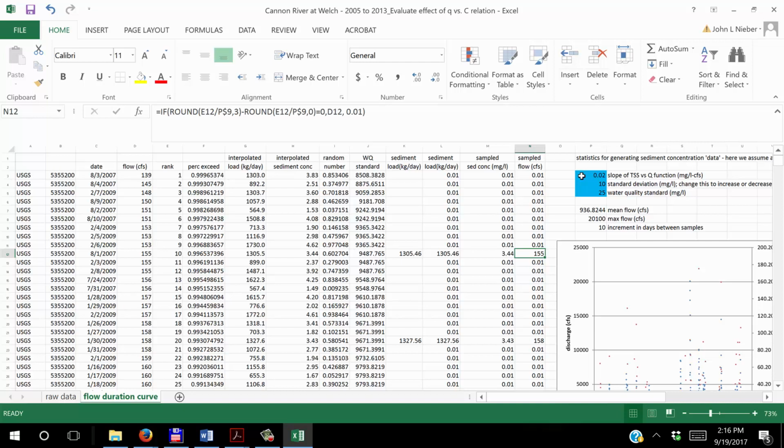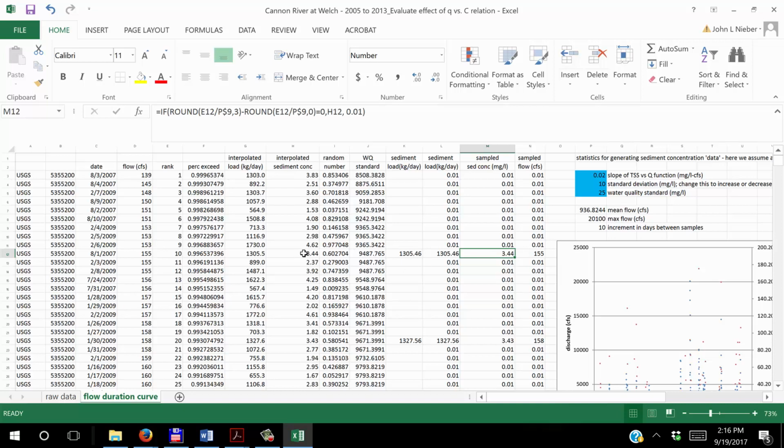If I multiply that out, it'd be exactly 3.3. And then if I take the random number of 0.6 and I multiply it by 10 and then add it to this, I get 3.44. Okay, so that's the randomly generated value of sediment concentration.